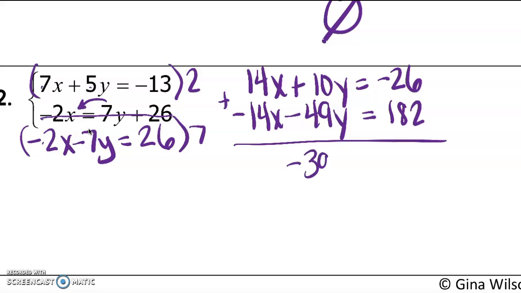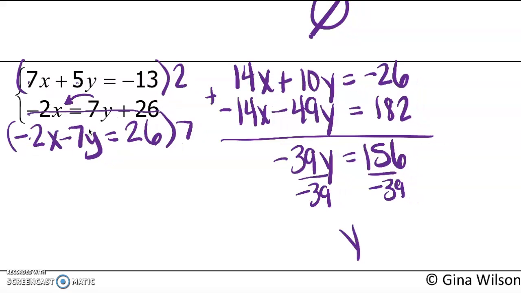That gives us -39y is equal to 156. Divide by -39, y equals -4. So I'm going to go back to this bottom original equation and plug -4 in for the y.